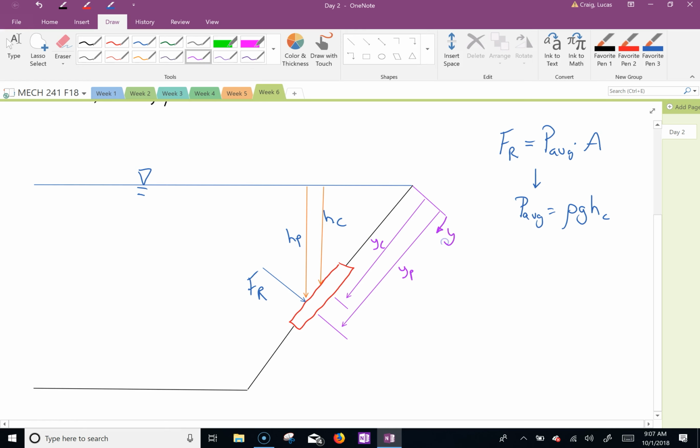And that is your direction y. And say this is the angle there. And if you remember, h_c would be y_c sine theta. h_p is y_p sine theta. And y_p is y_c plus I_c over y_c times A.